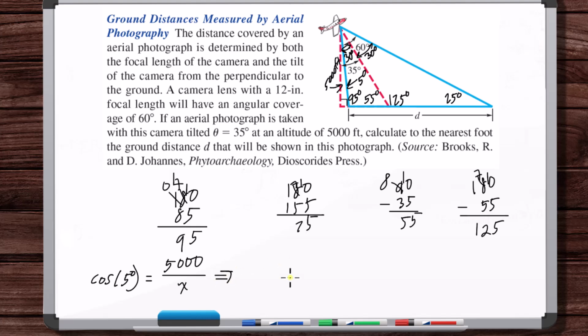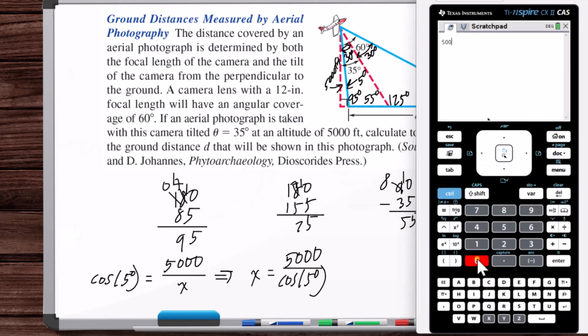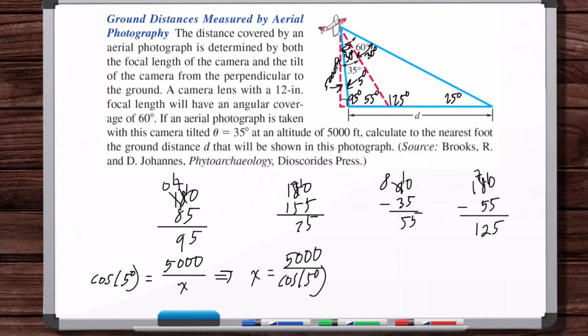So x is going to be equal to 5,000 divided by cosine of 5 degrees, which is 5019.1.